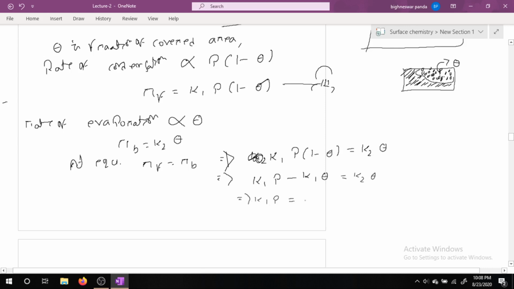K1 P is equal to K2 theta plus K1 P theta. K1 P is equal to theta into K2 plus K1 P. So theta is equal to K1 P divided by K2 plus K1 P.